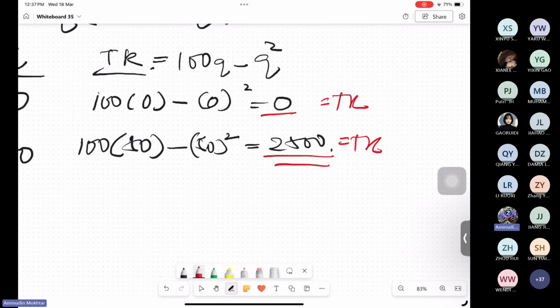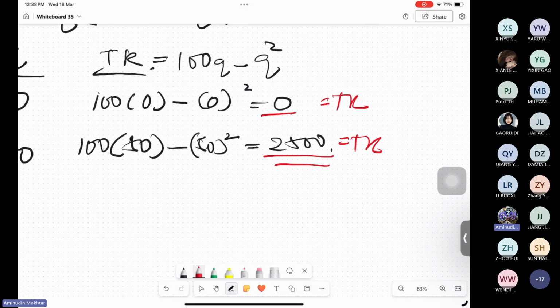Because why do we choose 50? Because in the question, the maximum limit of sale is 50. That's why I choose 50. So between 0 and 50, the value of TR, the value of Y, is between 0 and 2,500.